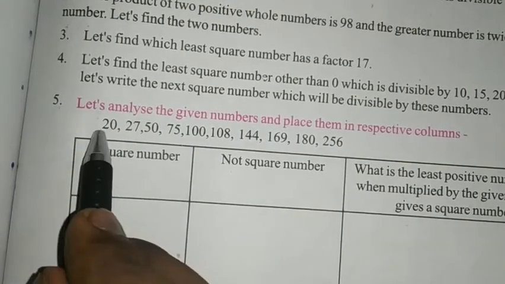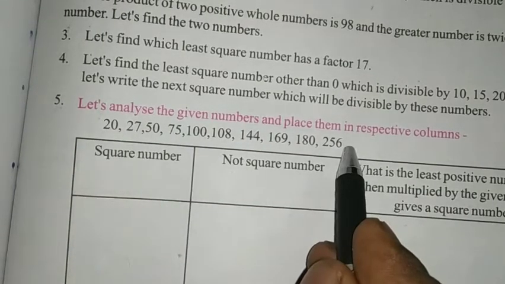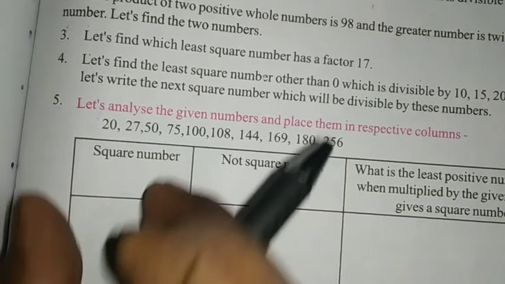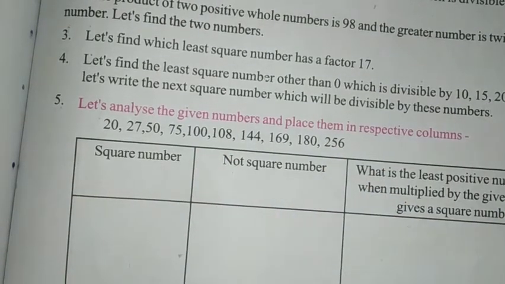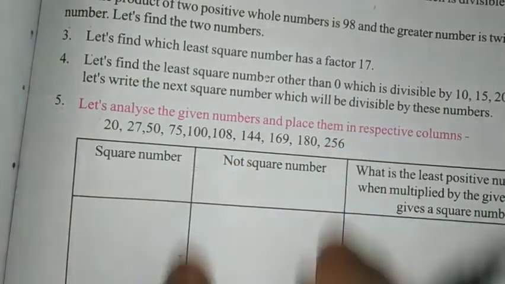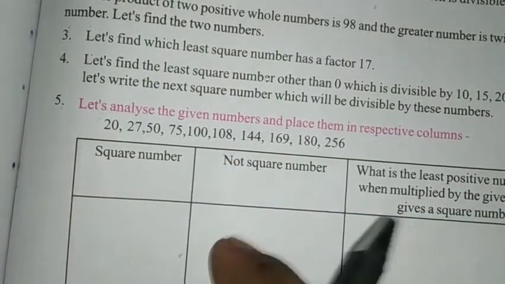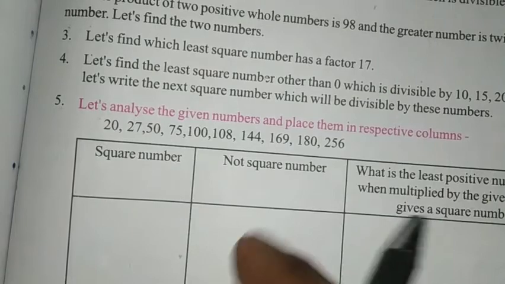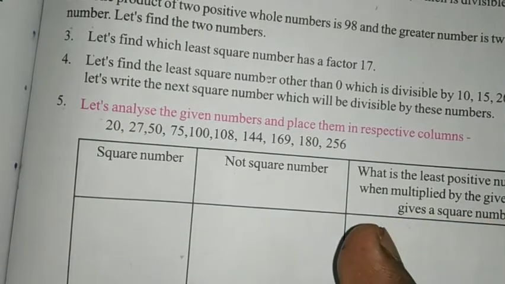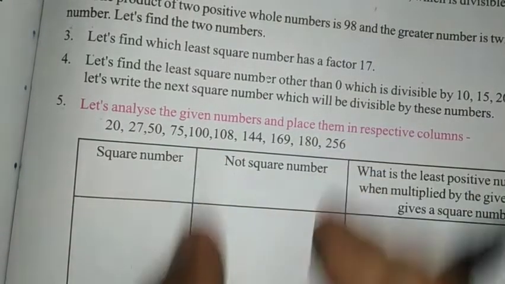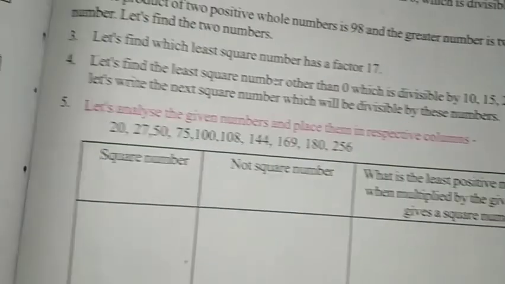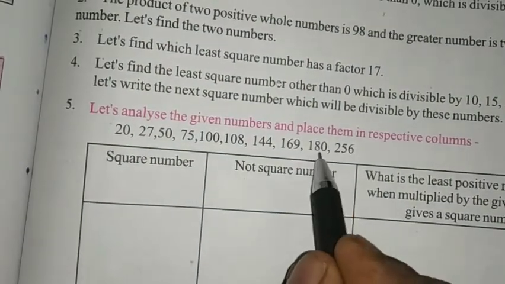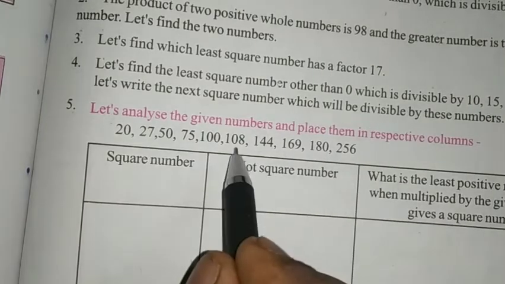So by following these, all numbers you need to write either in square number or in non-square number. Now if the number is in the not square number column, then you need to write by multiplying which number we can make that not square number a square number. Suppose I am taking an example.